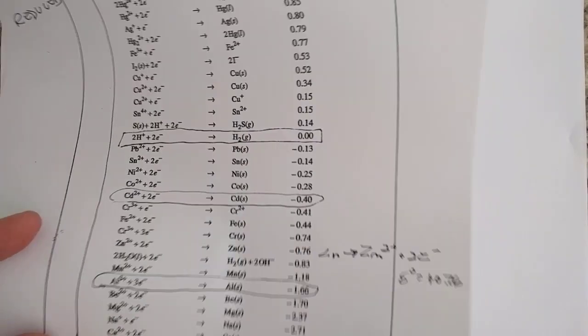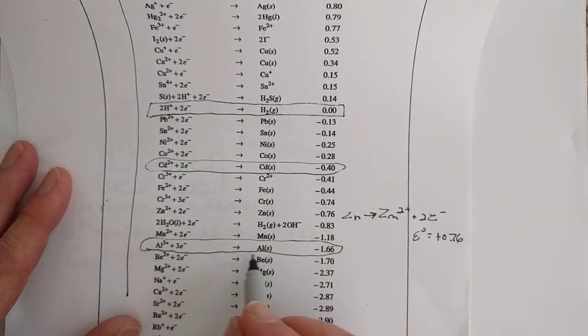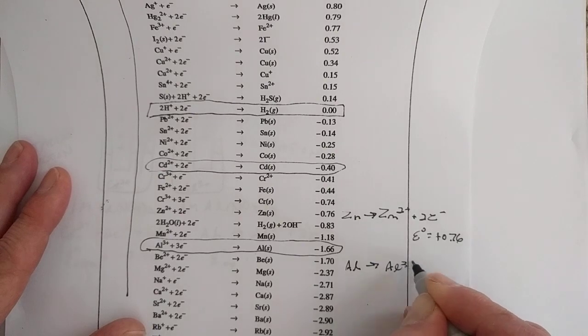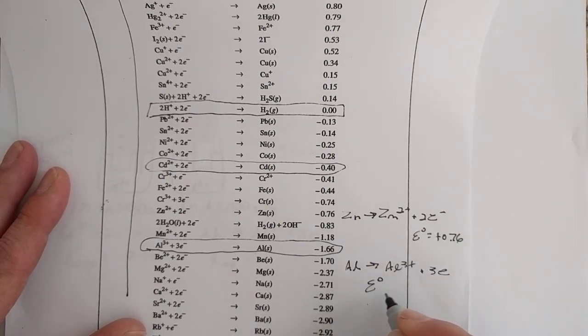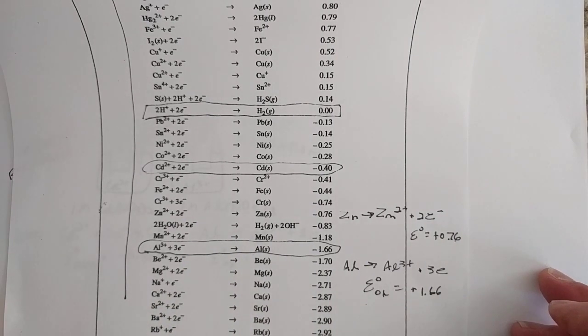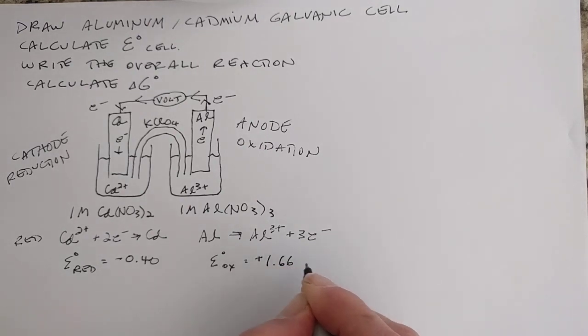So to get the oxidation, we have to reverse the equation and reverse the sign. When we reverse the equation, we get Al going to Al3+ plus 3 electrons. So our E0 of oxidation is positive 1.66. Reverse the reaction, reverse the sign. So this is positive 1.66. I forgot my unit. Volts.